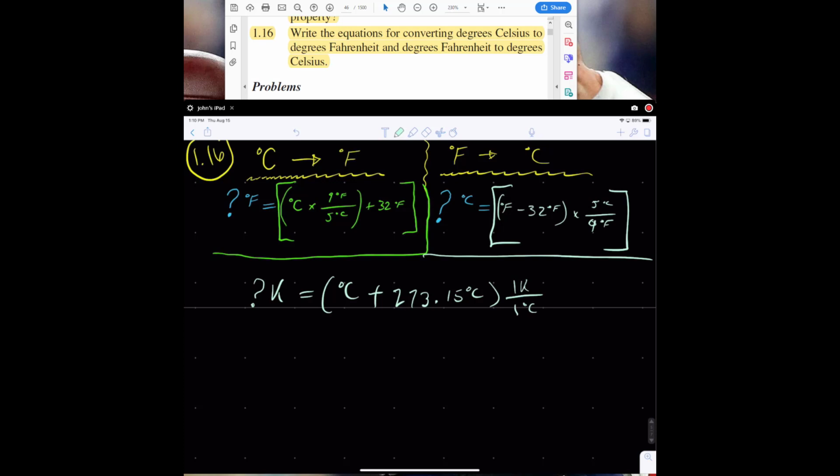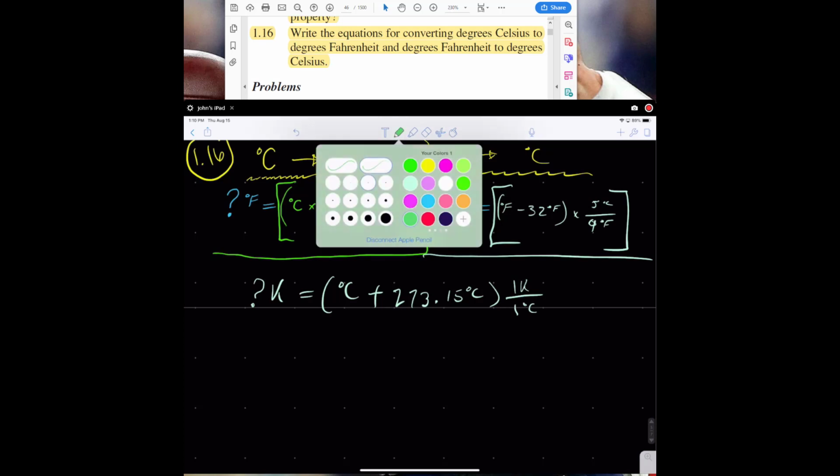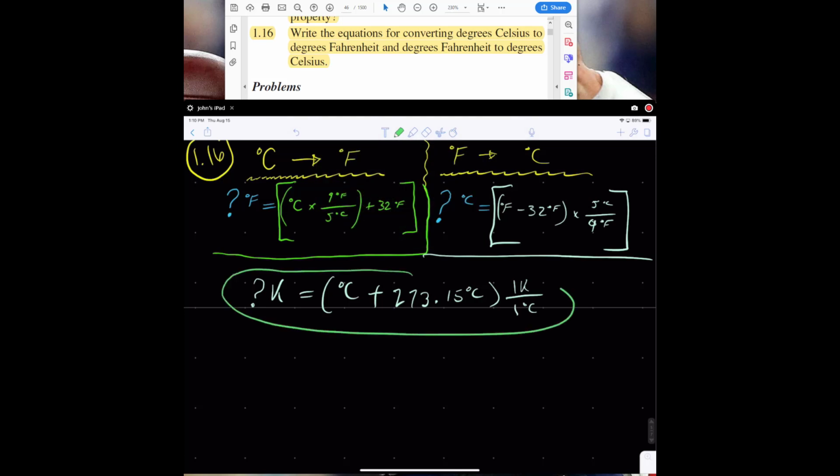And that essentially will cancel out the units Celsius there. We'll be using each of these formulas right in these next coming questions.